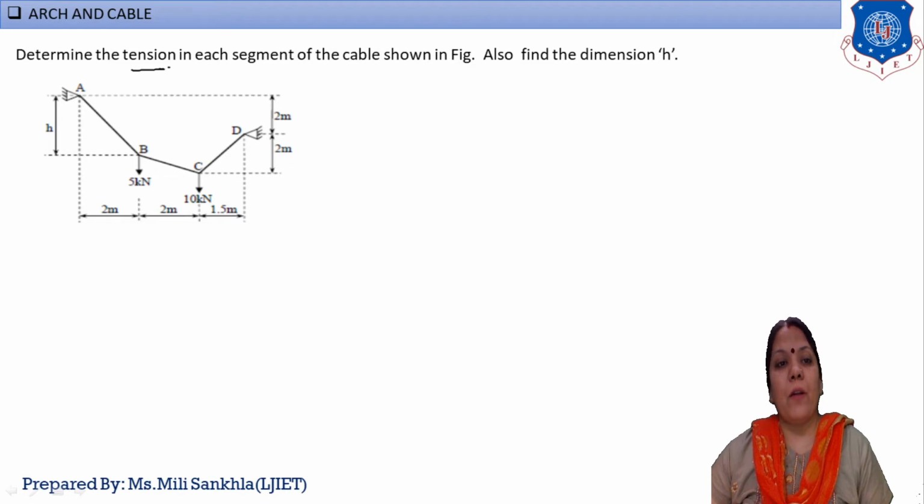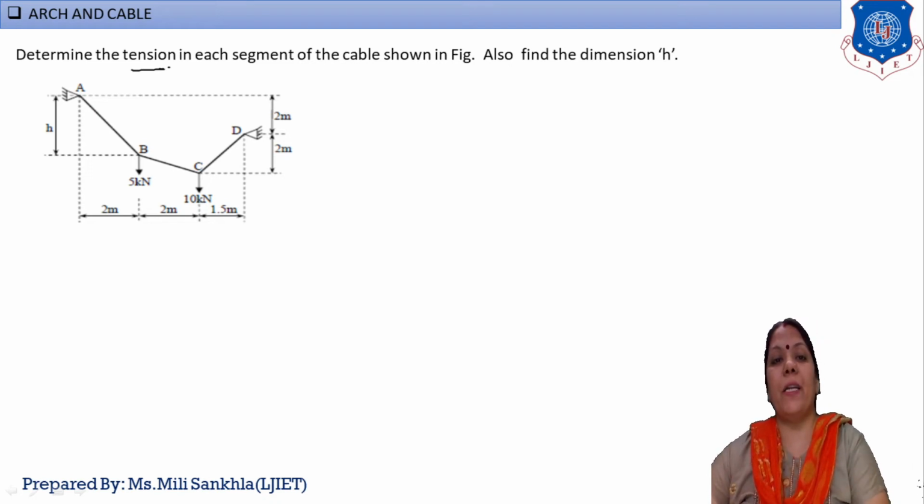At point C our dip is given as 4 meter, but at point B our dip is unknown. So first of all we take a reference point where the value of dip is given. At point C our dip of 4 meter is given, so we select C to find out support reactions VA, VB and H.